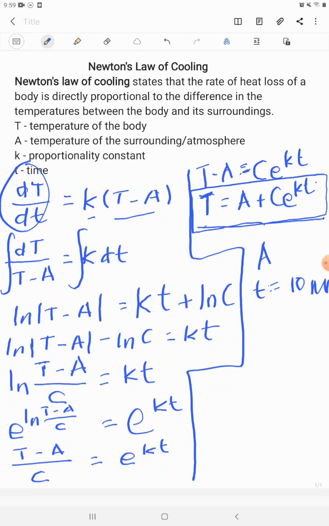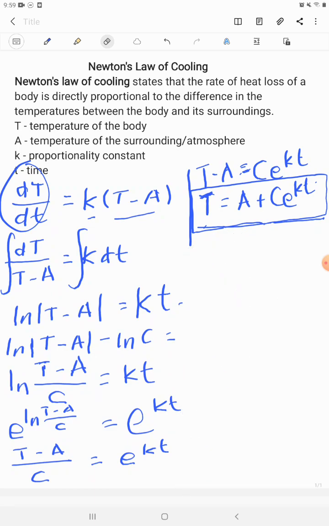Alright? Sometimes you can find in some resources that the C is already missing. That is because, let's say you are given the temperature of the body at time equals 0, and the temperature of the body is T sub O. Then we can substitute it into the equation.